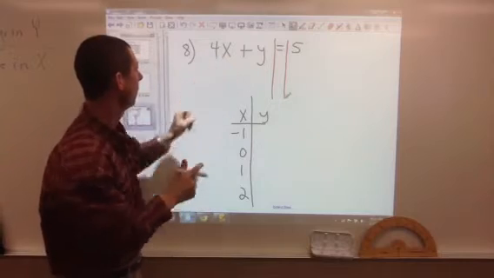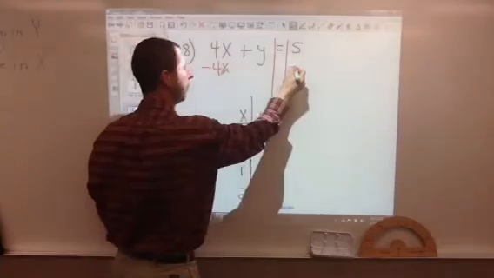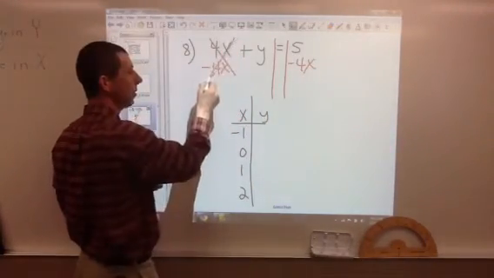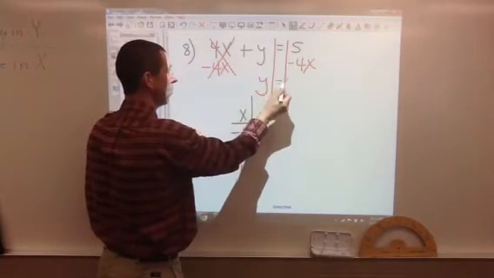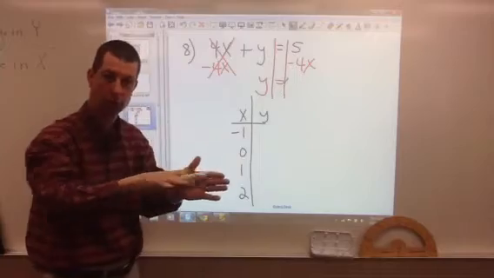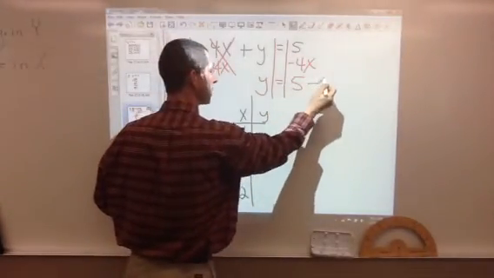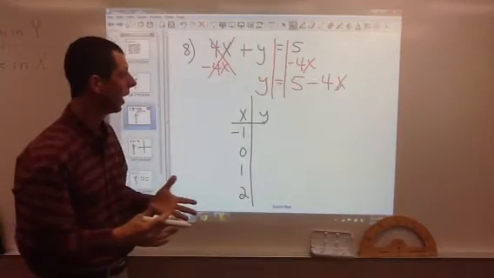So I got to get rid of this 4x, so I'm going to subtract 4x from both sides. Okay, now that will cancel this right here out. So I'll have it now the way I need it. y equals, and now I want to rewrite this horizontally. Okay, so 5 minus 4x. Okay, now we have it in the form that we wanted it.